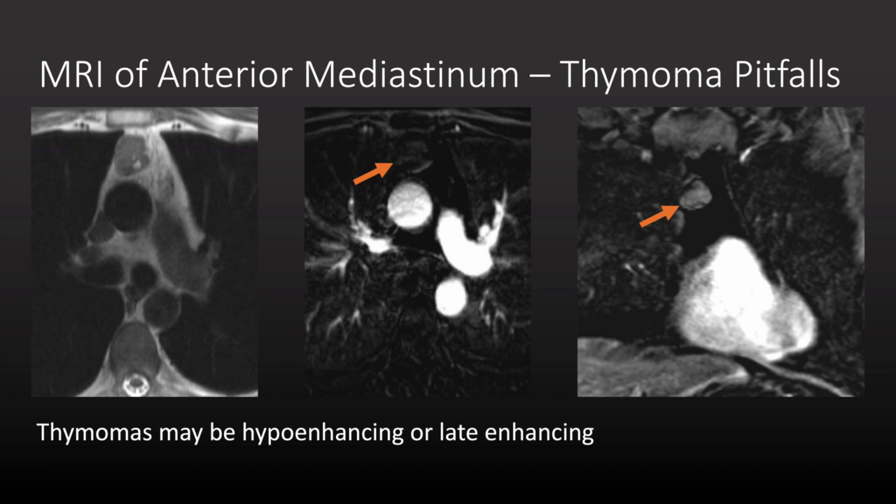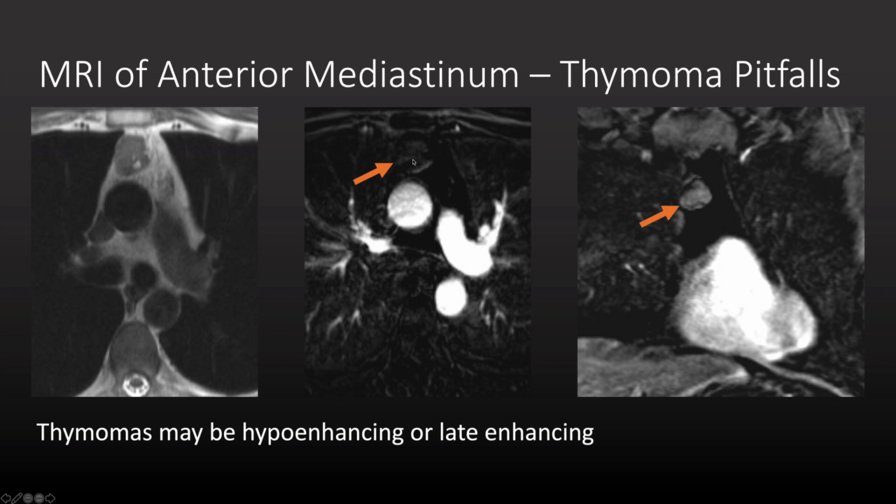Another important point to note is that thymomas, as I mentioned earlier, can be very cystic and very necrotic, and sometimes their enhancement is only seen very late. So we can see here this solid appearing anterior mediastinal mass with T2 intermediate signal. On the first post-contrast phase, there's not very much convincing enhancement here.